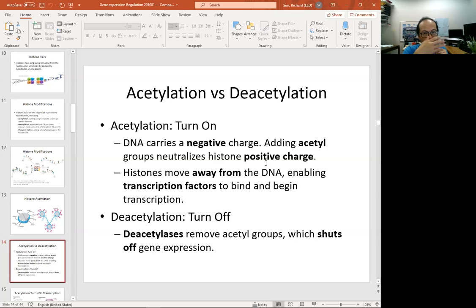So it will become more accessible to transcription factors and RNA polymerase. Those will bind to it and cause gene expression, cause the transcription.